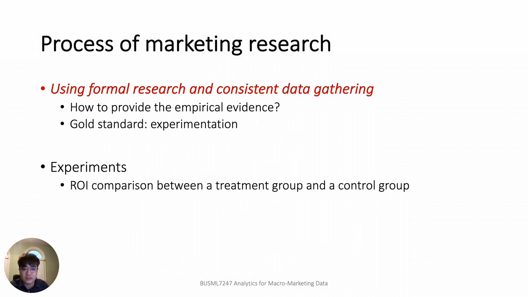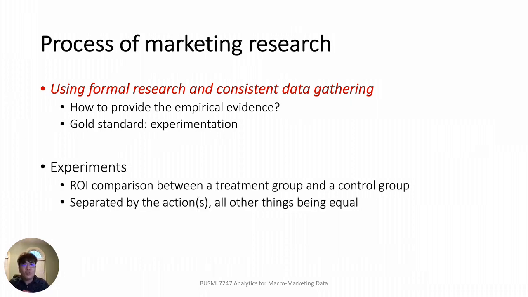So, in a usual experiment, there are two groups, a treatment group and a control group. Only one thing differs between the groups: whether the action the manager wants to evaluate is implemented or not.